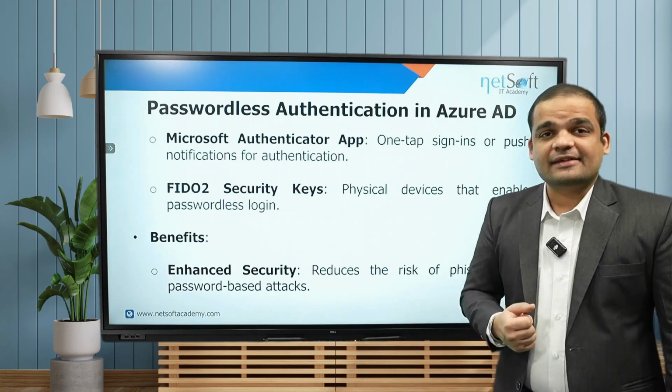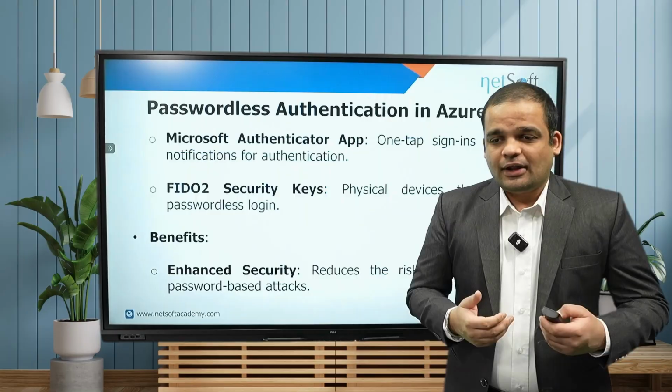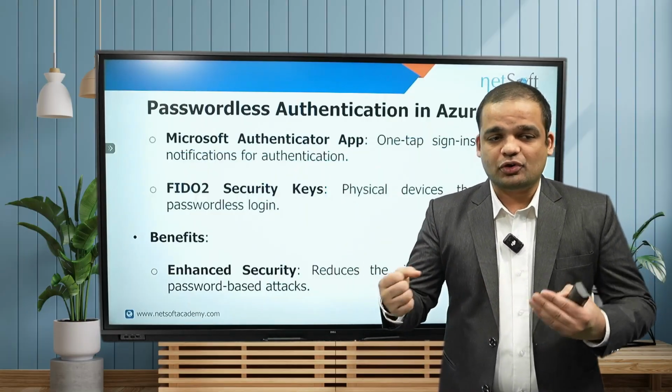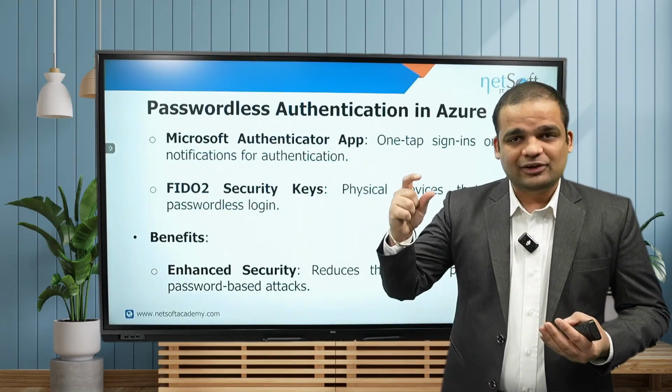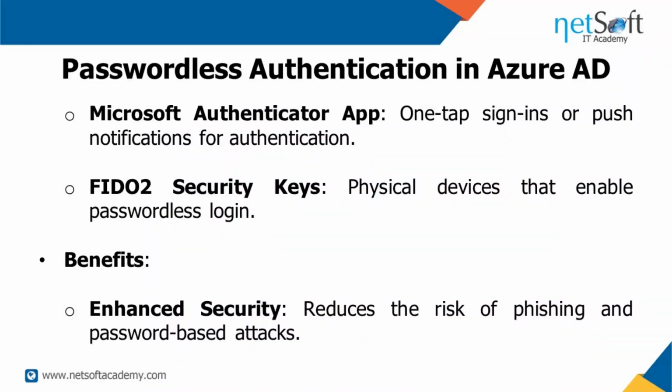The next one is FIDO keys or FIDO2 security keys. Now, these are physical devices which you can buy from Amazon or from a vendor. They look like a normal USB key. These keys actually enable secure passwordless login by using public key cryptography.